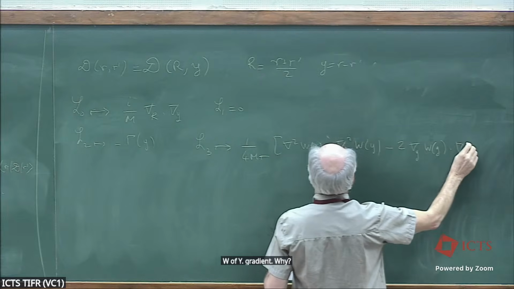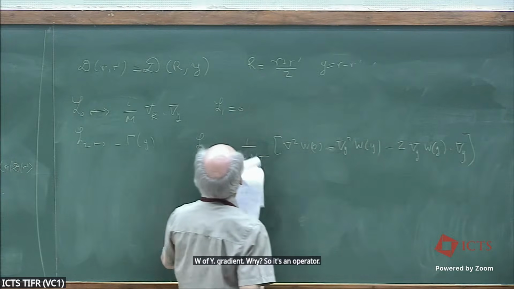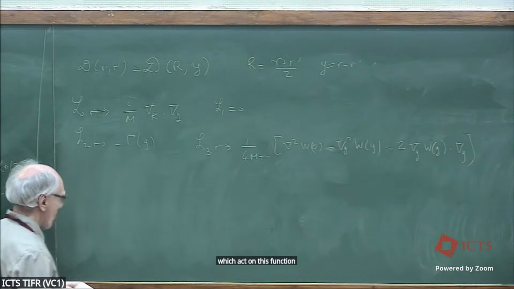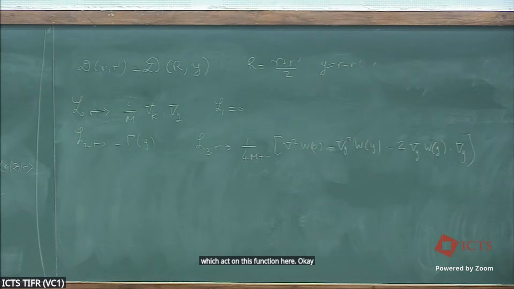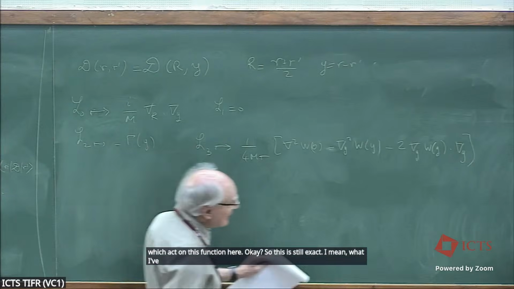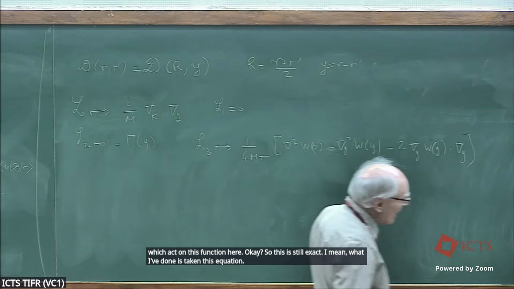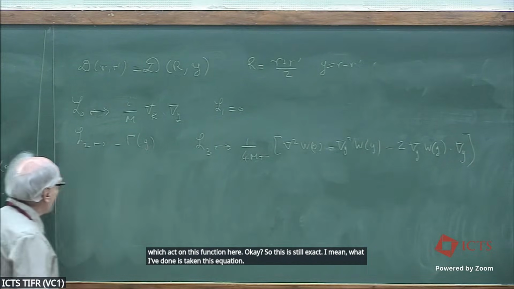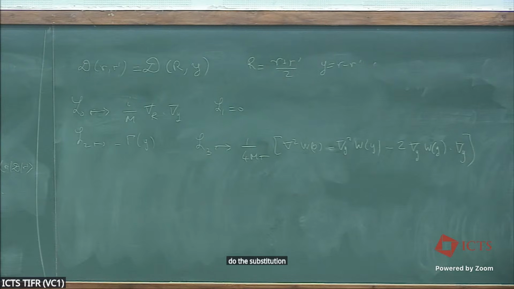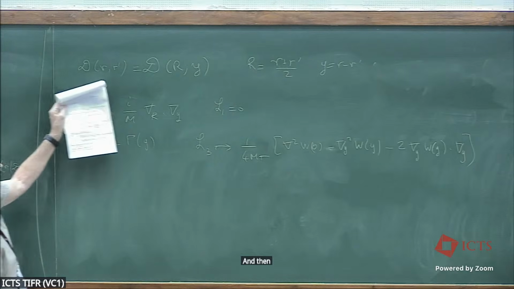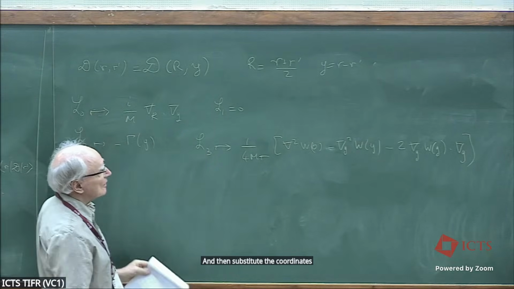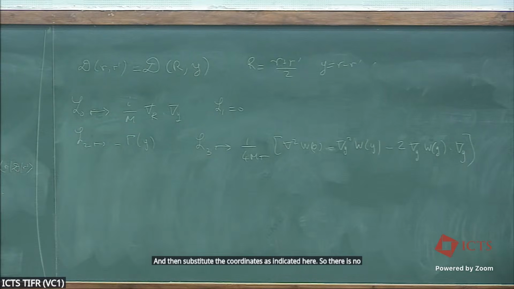So it's an operator which acts on this function here. Okay? So this is still exact. What I've done is taken this equation, done the substitutions which are appropriate for the one-particle density matrix, and then substituted the coordinates as indicated here.